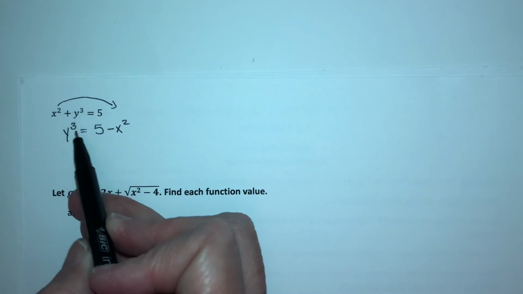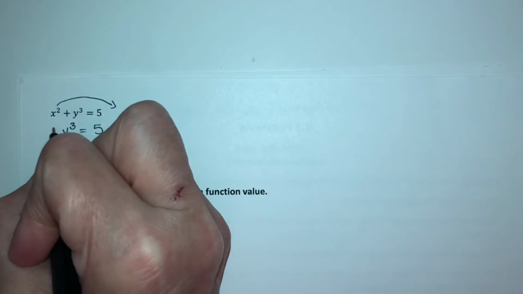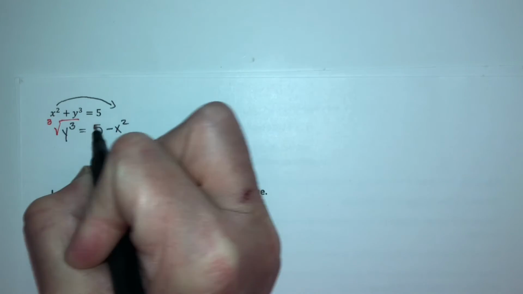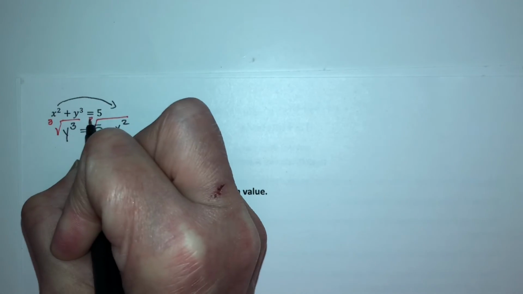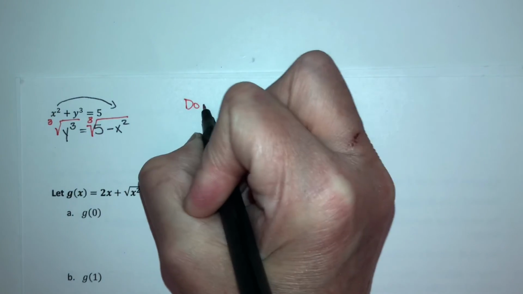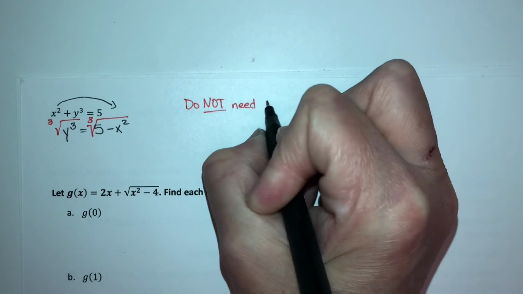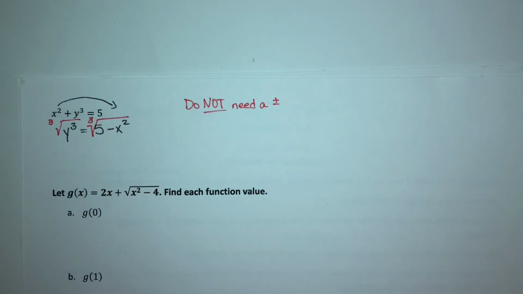Now I need to get rid of this cube. So I'm going to take the cube root of both sides. Okay, but I do not need a plus or minus.